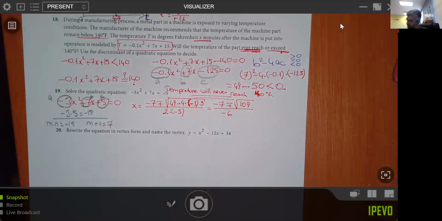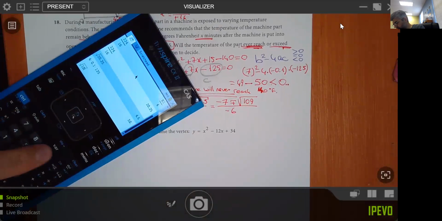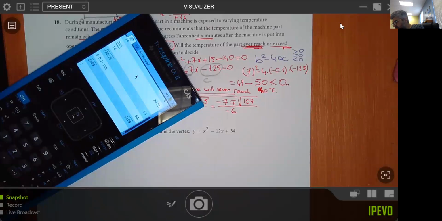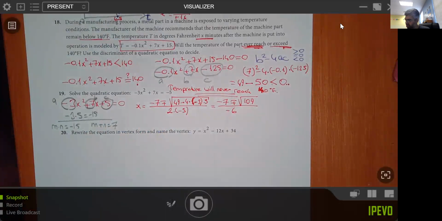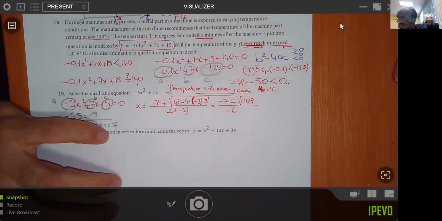Does 109 have perfect squares in it? 109 is a prime number. Let me check it out. What is the square root of 109? 10.44 something. So guys, that's it. We cannot simplify it, but we should write it as the final answer.